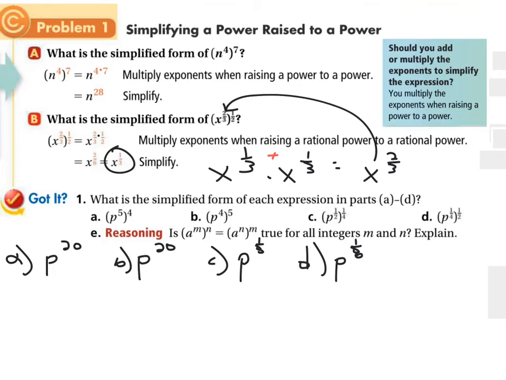So p to the 5th raised to the 4th is the same as p to the 4th raised to the 5th, just like this says. Can you essentially switch the position of that base's exponent with the exponent it's being raised to? Same thing here. We switched 1/2 and 1/4, and we got the same solution. So yes, it is true for all integers m and n. You could swap those exponents and you would get the same answer.